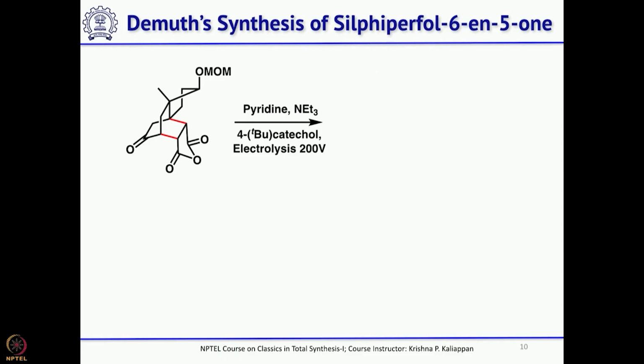Now, this anhydride, if you look at it, should be converted into a double bond. So, he used an electrolysis method, like hydrolysis followed by decarboxylation to give the double bond, and this is the key precursor for the oxa-di-pi-methane rearrangement.